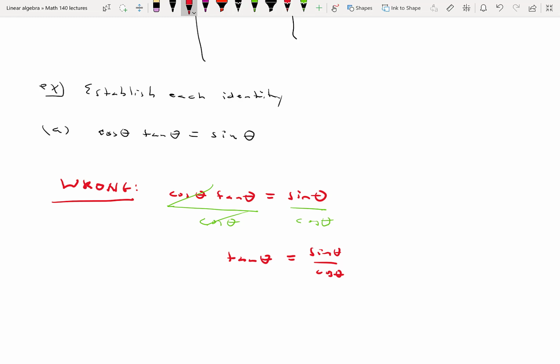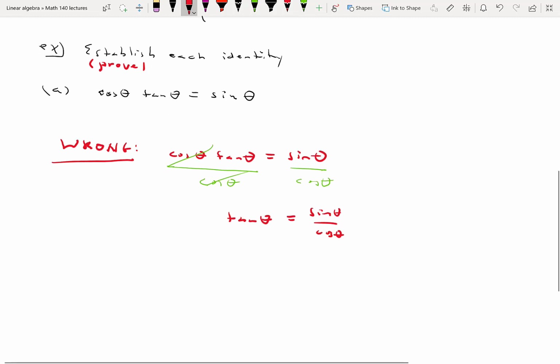It's wrong to establish an identity by doing this, because in doing that, we're assuming that the equation was true to begin with. When you're trying to prove something, and remember, establishing is another way of proving that something is true, you don't have the luxury of doing the same thing to both sides.